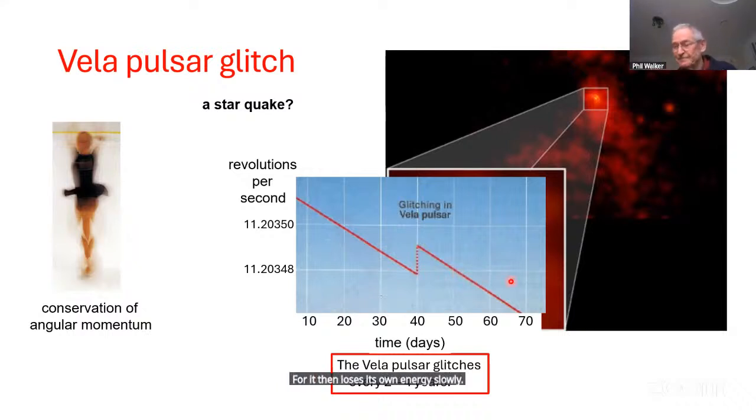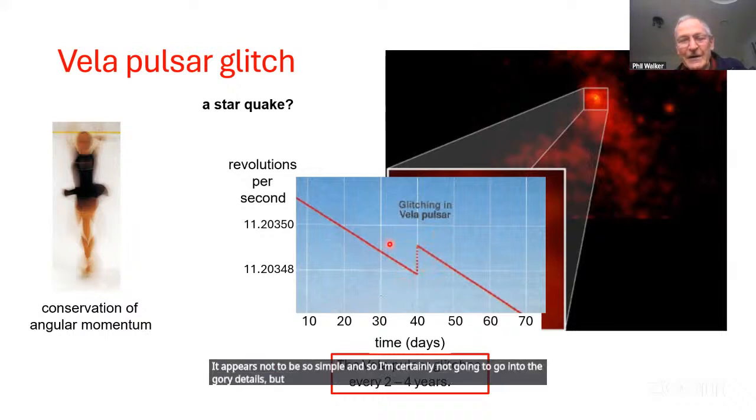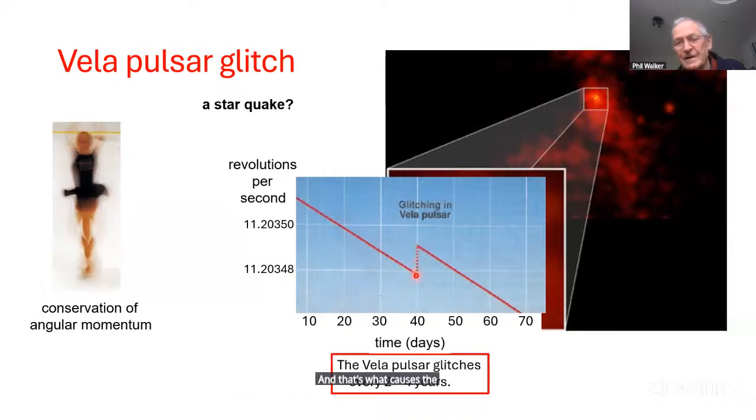In fact, it appears not to be so simple, and I'm certainly not going to go into the gory details, but it looks like the pulsar has some superfluid properties, and there are superfluid vortices that get unpinned at particular points, and that's what causes the sudden speed up of the pulsar rotation.